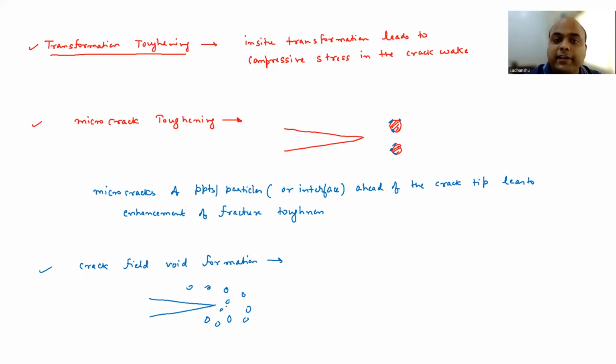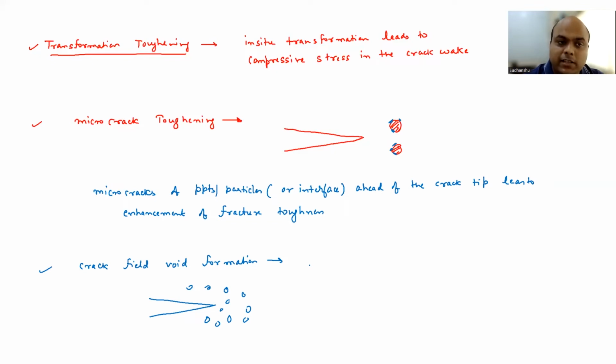And these voids can form when you have some ductile phases which can lead to void nucleation and then growth and coalescence, right? Or the void growth actually. So if you have a higher number of voids, you are going to require a higher amount of energy to form those voids. And therefore, the fracture toughness is going to increase.